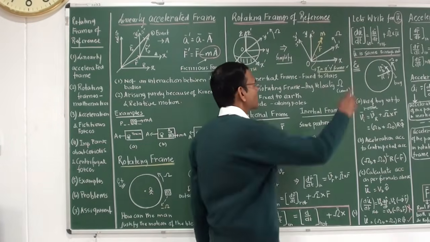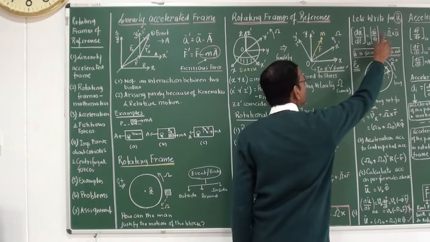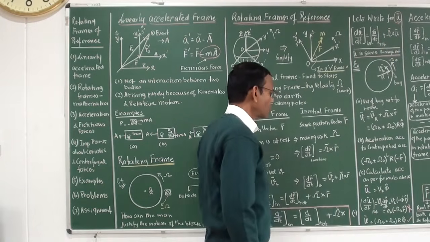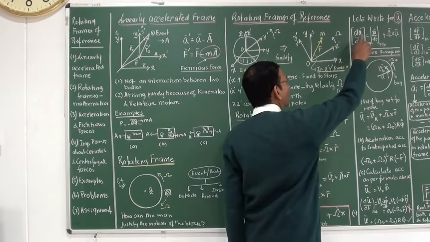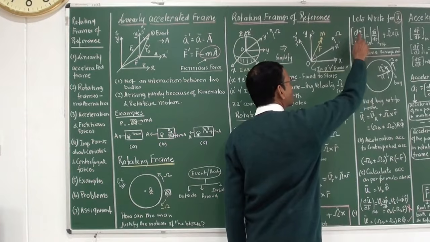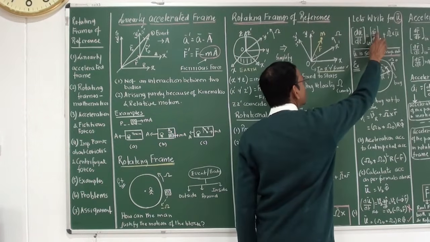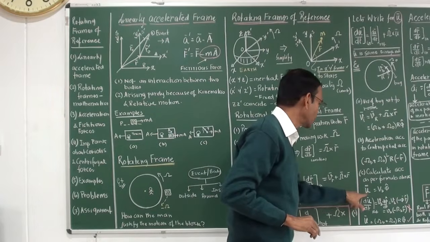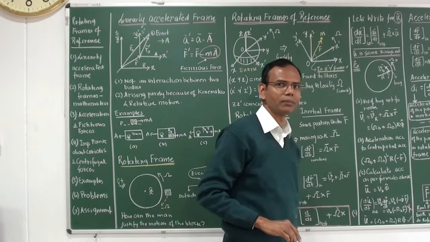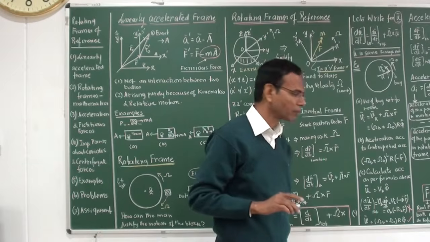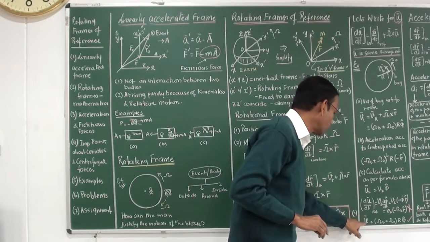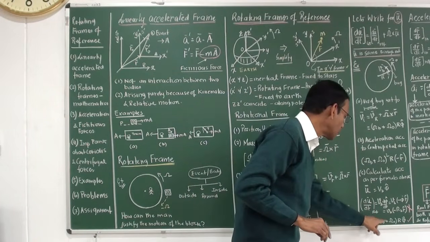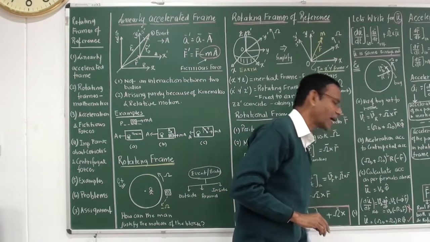The first time I have written u inertial. So I have to calculate du inertial by dt, this is what I want to calculate. So this u is also u inertial, but what I have written, u is equal to Vb phi, is wrong. The correct one is to write u as (omega b plus omega 0) r phi cap.